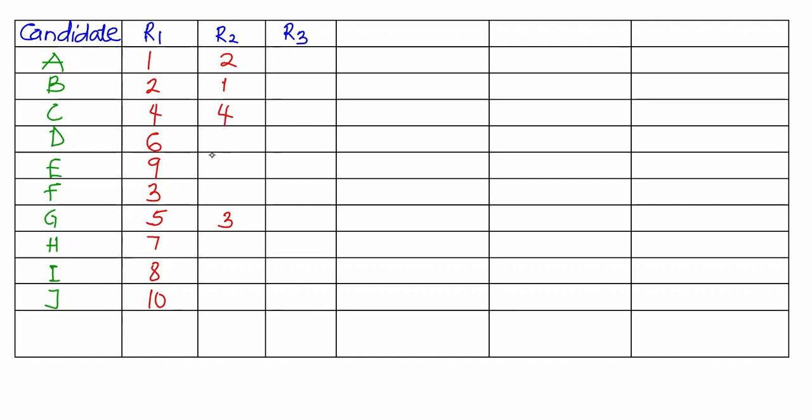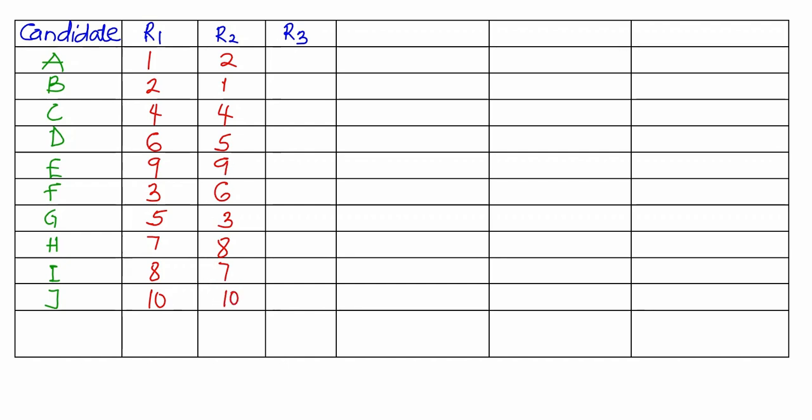D was the 5th, and then F was the 6th, so we write 6 here. And then I was the 7th, so we write 7 here. Now H was the 8th, so we write the 8th position for it. And then E was the 9th, so we write 9 here. And then J was the 10th, so we write 10.